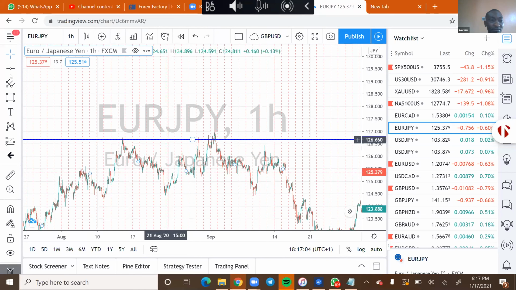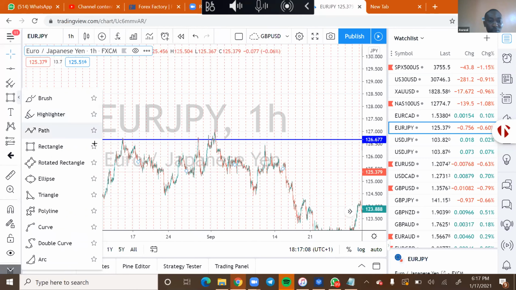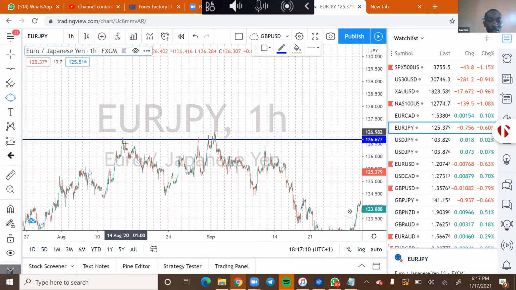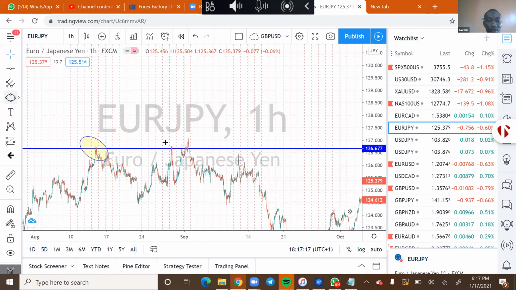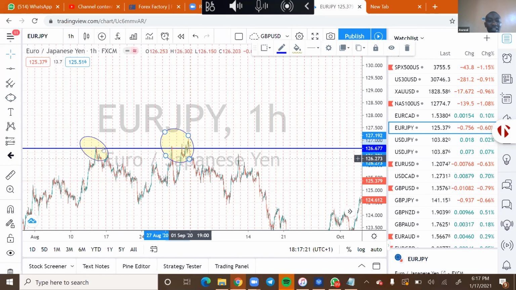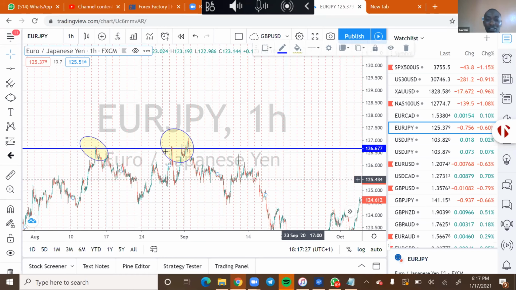These areas, this area here, you can see this area here. You can see the market found it difficult. These two areas were serving as a resistance area. Now, if I go again, let's look at the present.